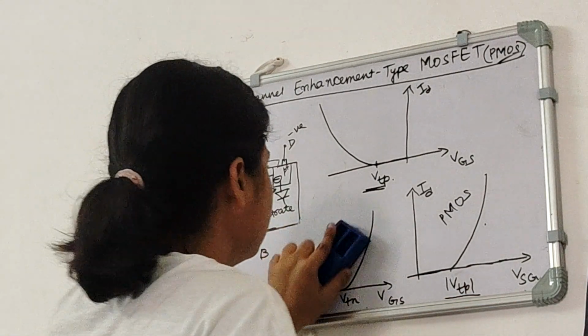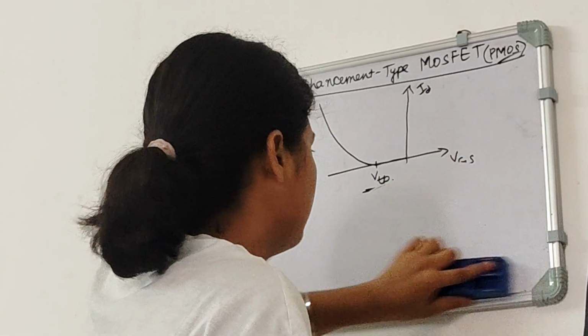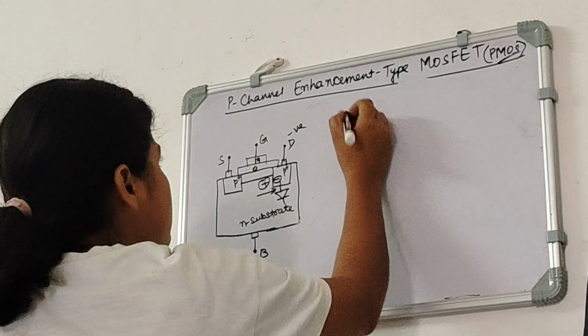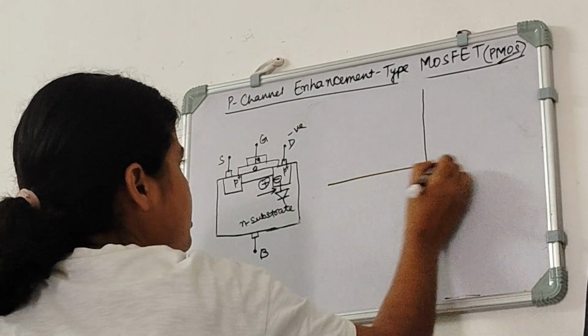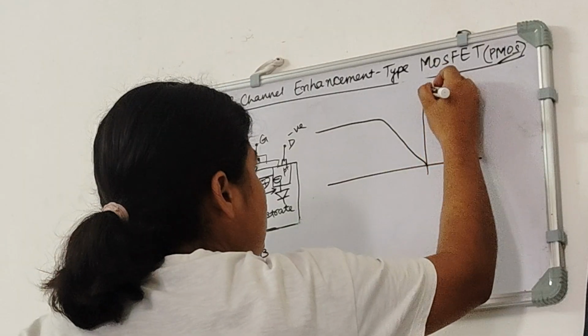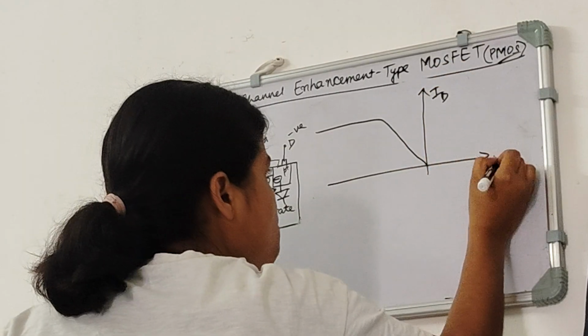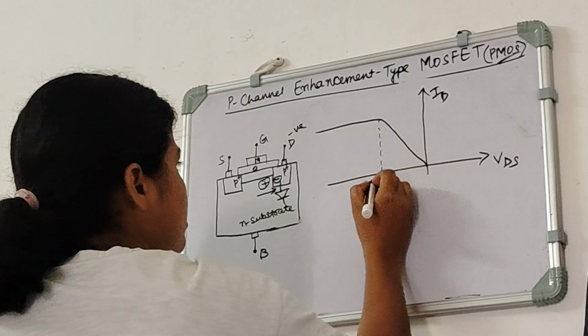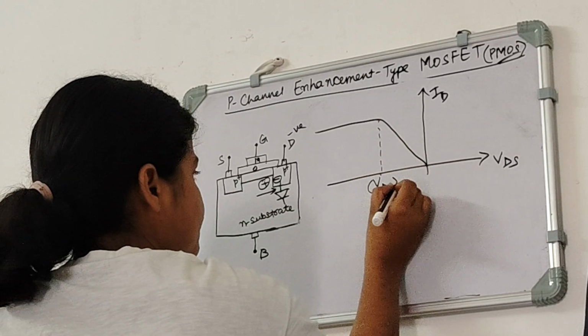Now, if we look at the curve of ID versus VDS, this was our ID versus VDS curve, and this is VDS sat.